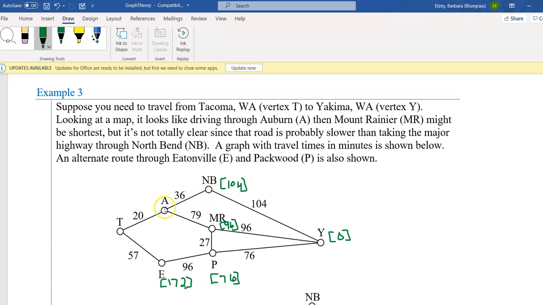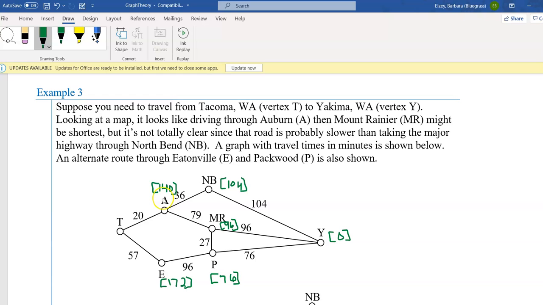So if we go back to A, we are going to add 36 to 104, choosing always the shortest route, or in this case, the least amount of minutes. Okay, so we're working our way back to previous vertices using the least amount of minutes.